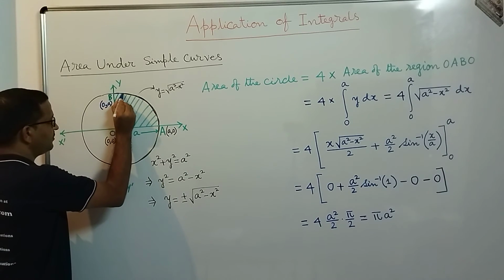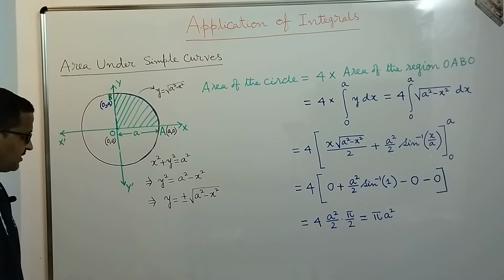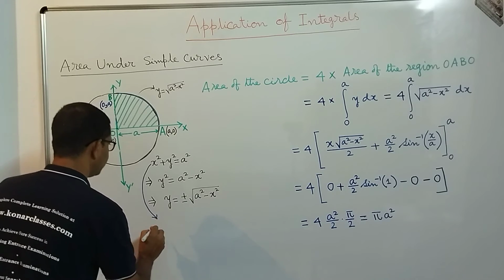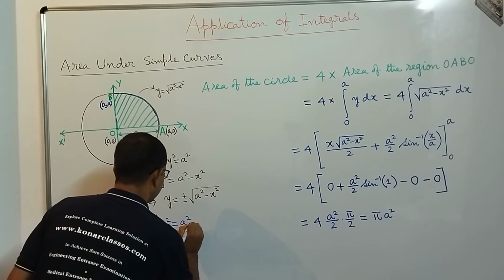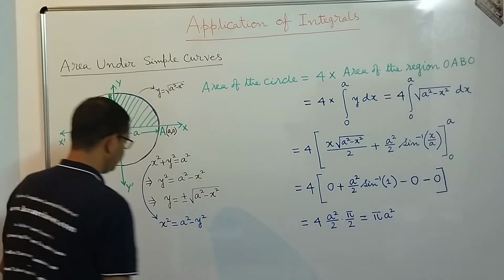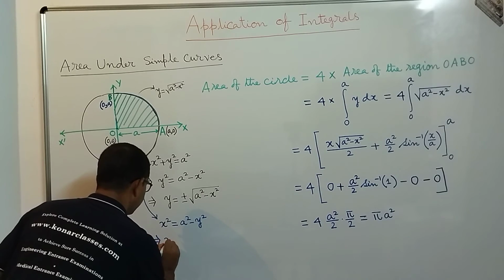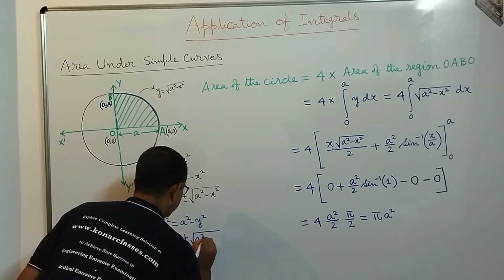The same curve, what you see, we write as y equal to square root of a square minus x square. The same thing we can change also. So from here what we can write, dear students, is that x square is equal to a square minus y square, correct? So x is equal to plus minus square root of a square minus y square.